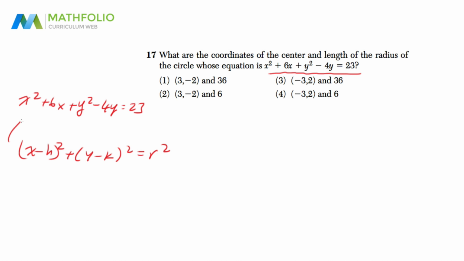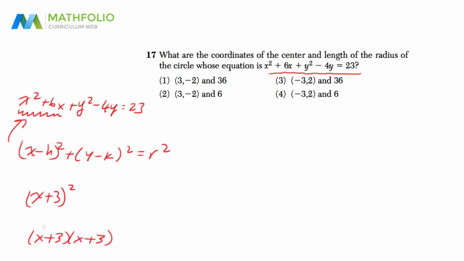In trying to make these two look alike, let's focus on the x's first. I've got x squared plus 6x, so that could be (x plus 3) squared. Now remember, this means (x plus 3) times (x plus 3).